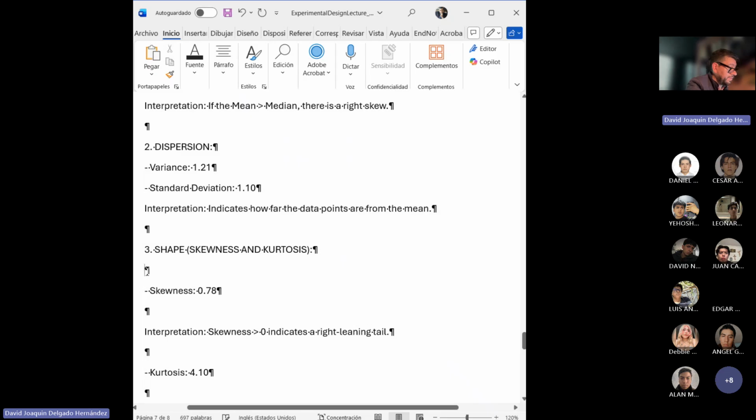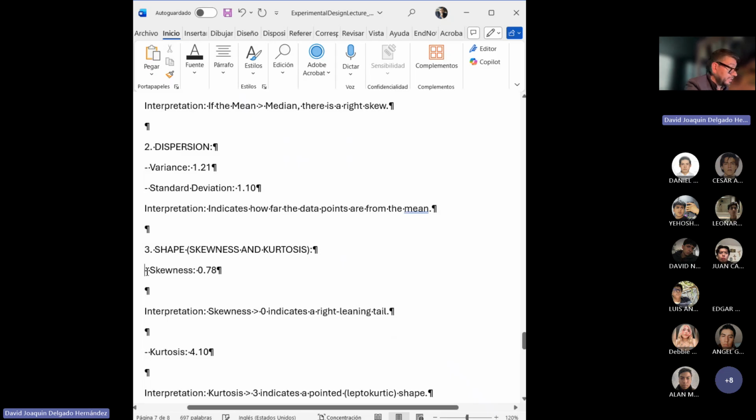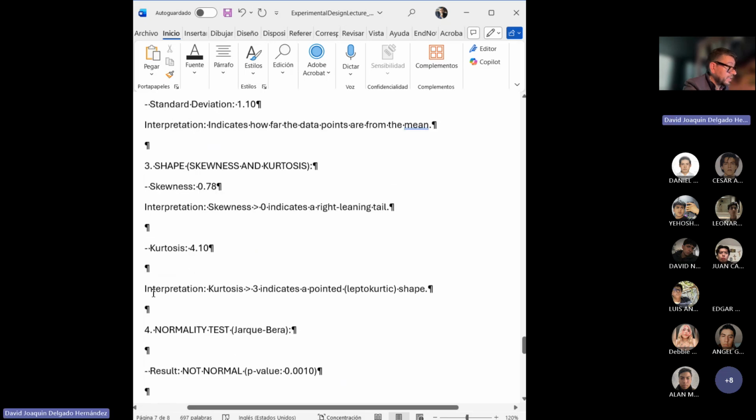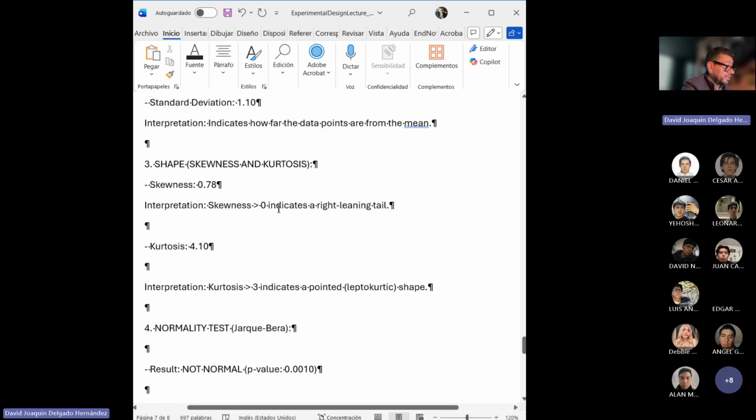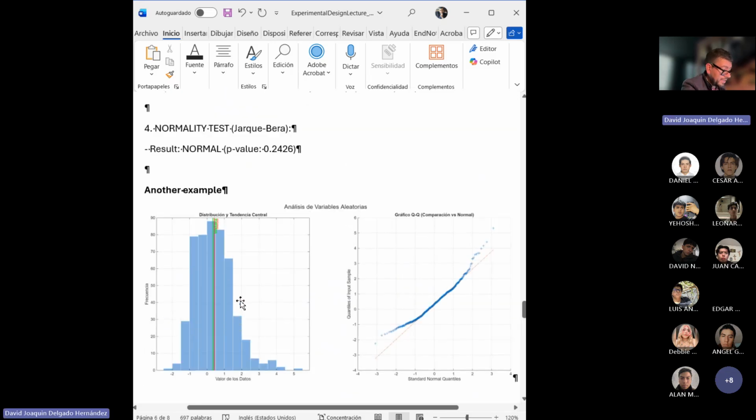In terms of the shape, okay, skewness in this case is 0.78, which is greater than 0, and that indicates a right leaning tail. Again, the tail, imagine a horse. The horse has its tail at the very end, okay? That will be like a horse tail.